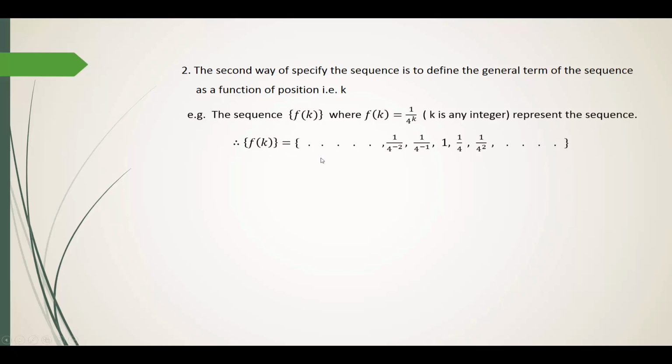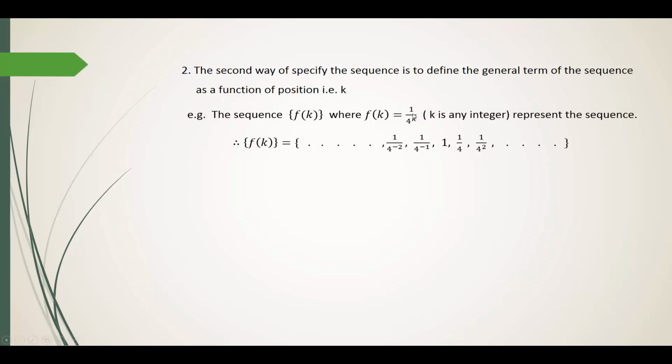For the sequence f(k), first put k equal to 0, so 1 upon 4 to the power 0; 4 to the power 0 is 1, so this is 1, the value of f(0). For f(1), put k equal to 1, so 1 upon 4 to the power 1, that is 1 by 4.